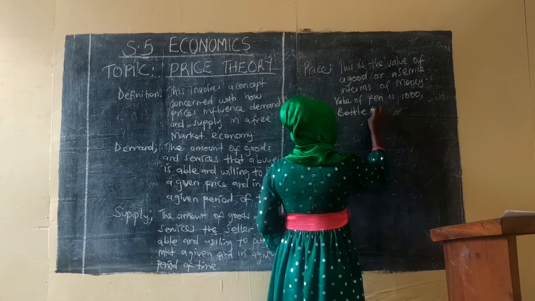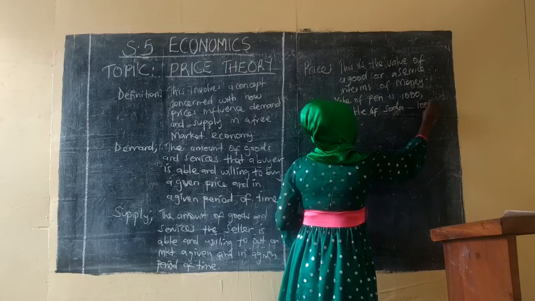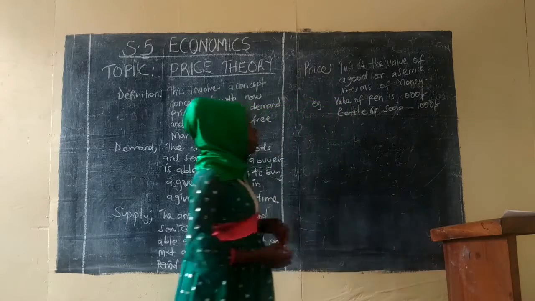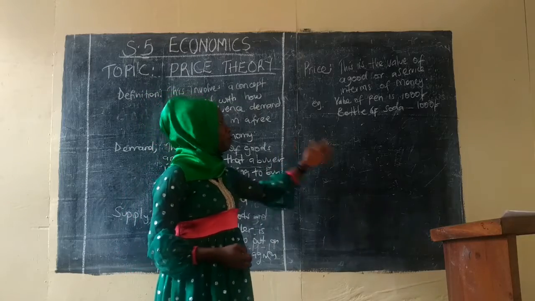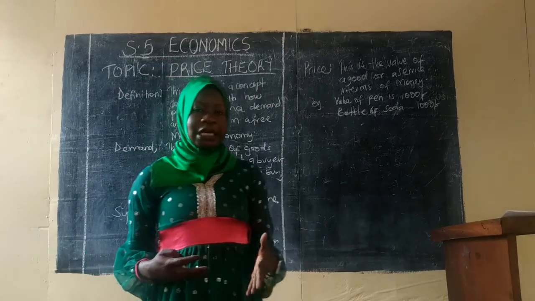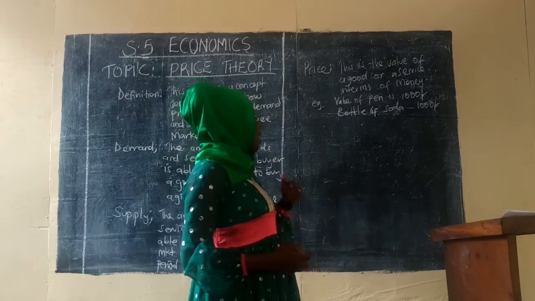A bottle of soda is also 1,000. Of course, these are prices, and our currency is in shillings. A bottle of soda is 1,000 shillings. So price is simply the value of a commodity in terms of money.